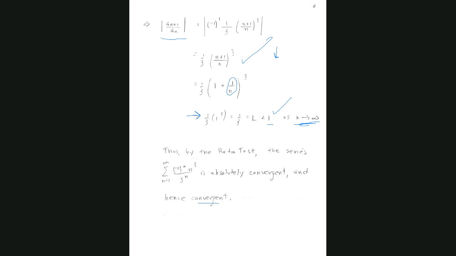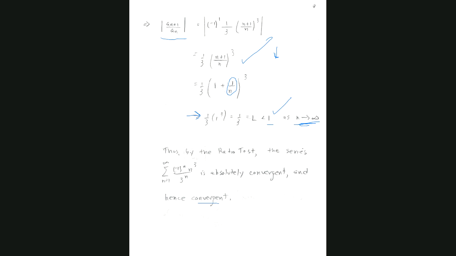So don't think the ratio test can be used all the time. A lot of times it cannot. But for a complicated series, usually the ratio test is the way to go. If it's not obvious what comparison you would make with the comparison test, or if it's a complicated alternating series, usually the ratio test is good.